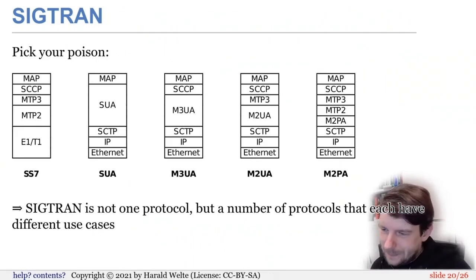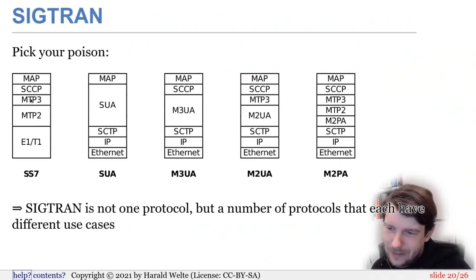If you want to connect some IP-based service to an existing SS7 network, then of course you will use one of those two, the M3UA or SUA adaptation. With SUA, yes, you can use it with a MAP-based application. But if you wanted a TUP or ISUP adaptation, TUP or ISUP runs on top of MTP3.